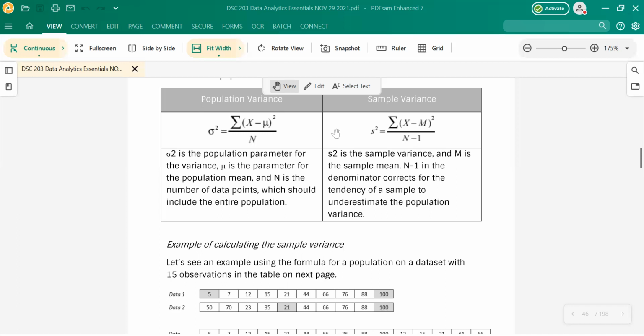So what the formula says is, since there is a chance of error, let me introduce the error in the formula itself. So that's why you are doing n minus 1. We are increasing the variance because we don't have access to a lot of data. So we want to increase the variance. We want to increase the error component.